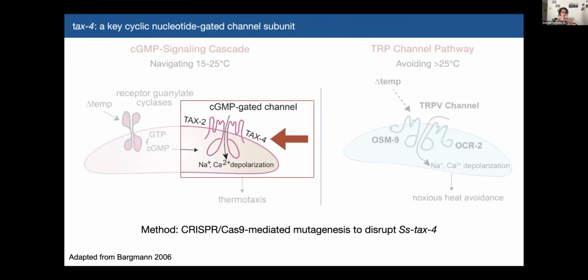I used CRISPR-Cas9 mutagenesis to disrupt a key component of the cyclic GMP pathway, the tax-4 gene. Tax-4 encodes a cyclic nucleotide-gated channel subunit that in C. elegans is necessary for sensory transduction in general and is specifically required for temperature-driven migration.